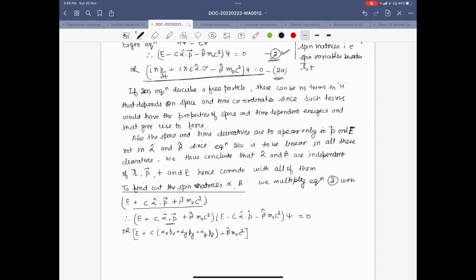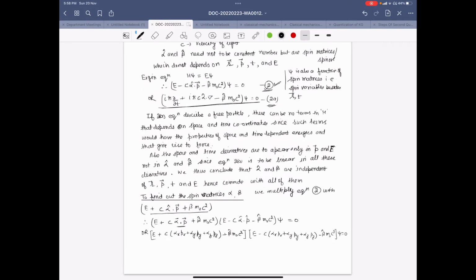This is your one. Second one is E minus C alpha x Px plus alpha y Py plus alpha z Pz minus beta M naught C square, psi is equal to 0.